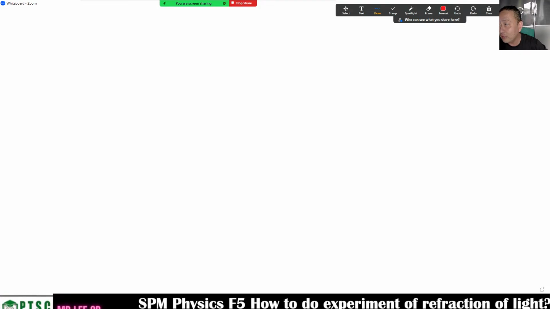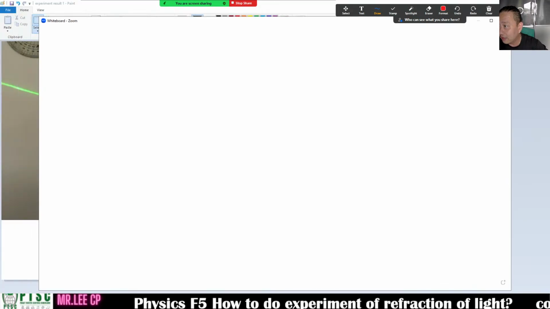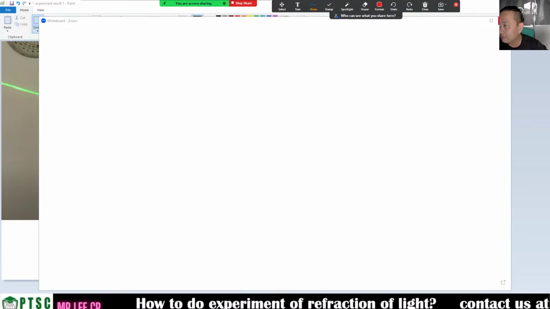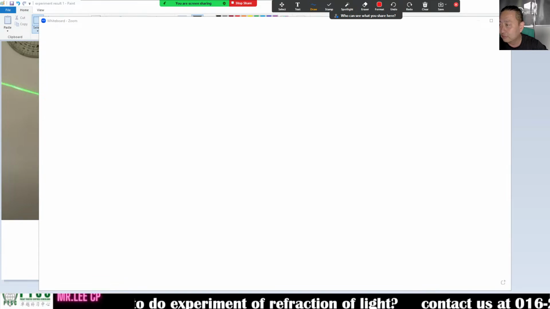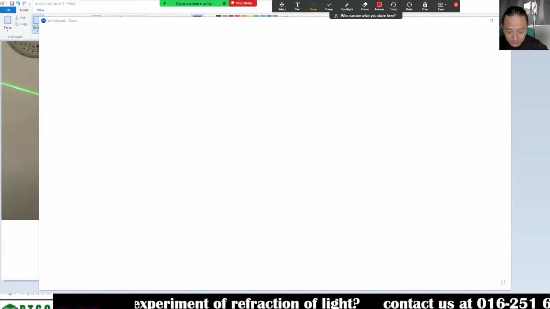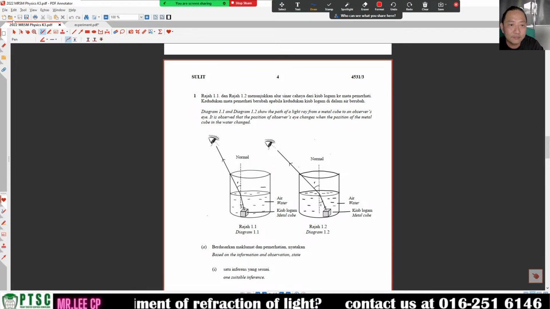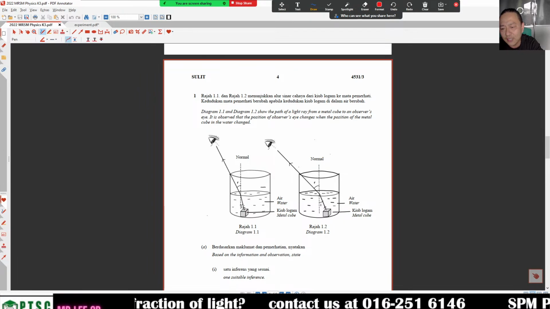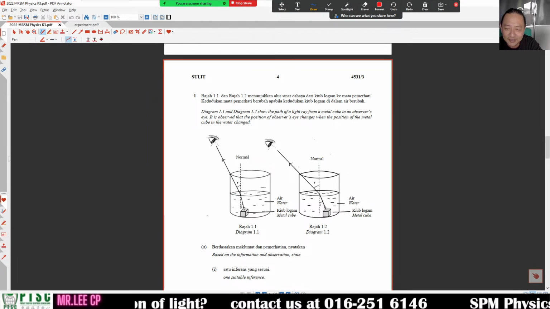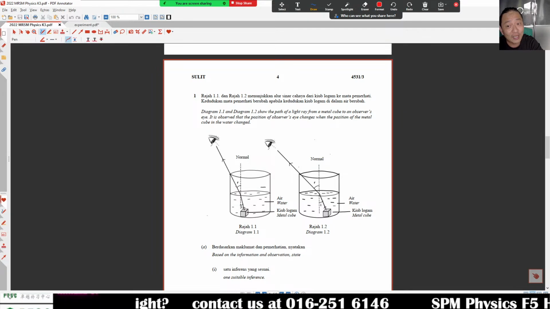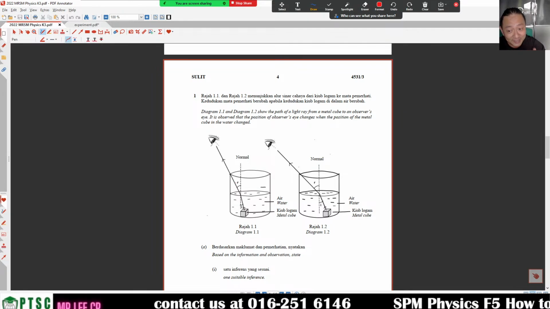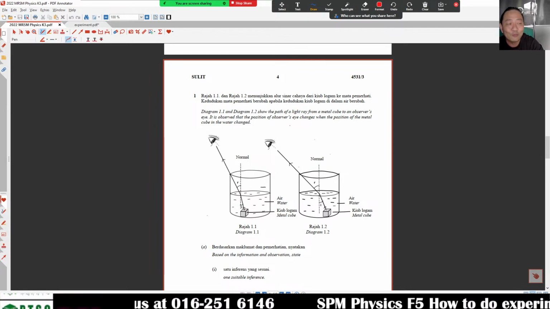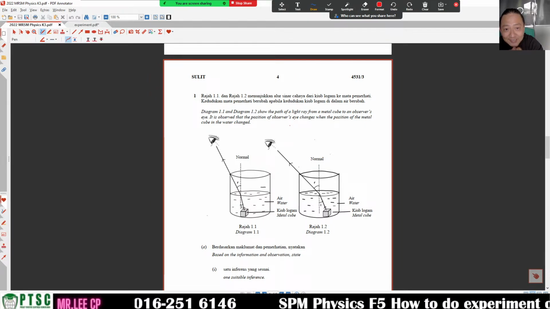MRSM paper. You see from here. Hey, the light travels from where to where? You see the arrow they drew for you already. Then most of you are still not really sure. I find it 50-50, you don't know whether it's denser to less dense. Tell me, this one, the light travels from denser to less dense or less dense to denser.